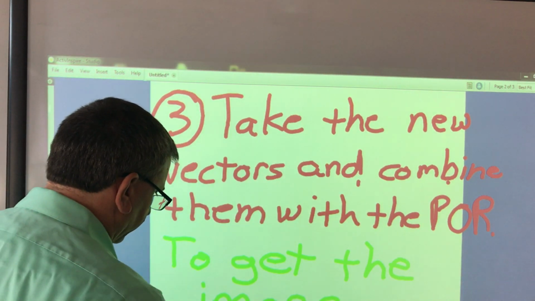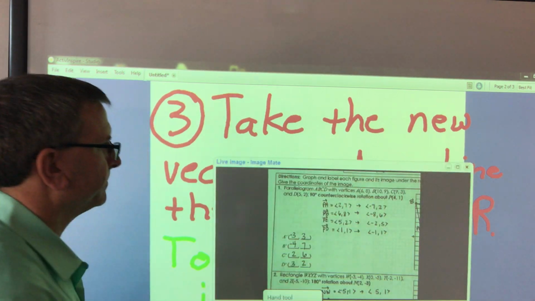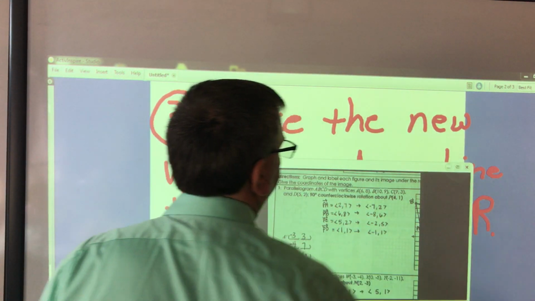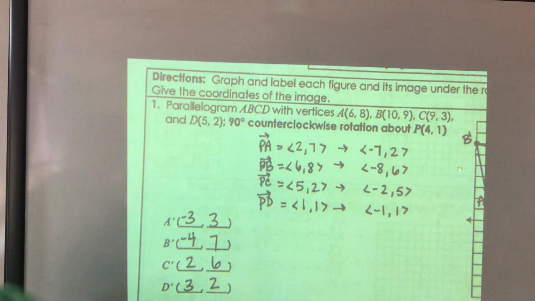All right, so now let's take a look at problem 1 in homework 9-4. Now, this is a conceptual type of action. Once you get it, a lot of people just start working ahead.